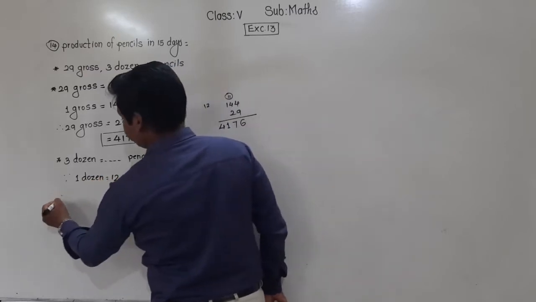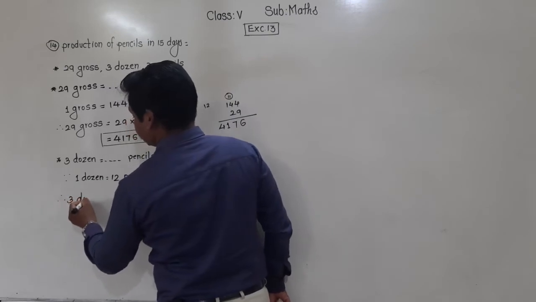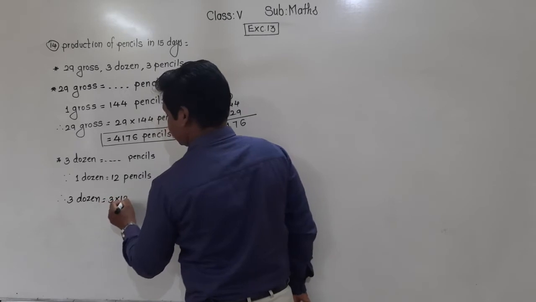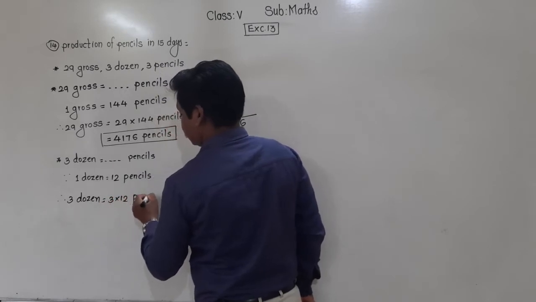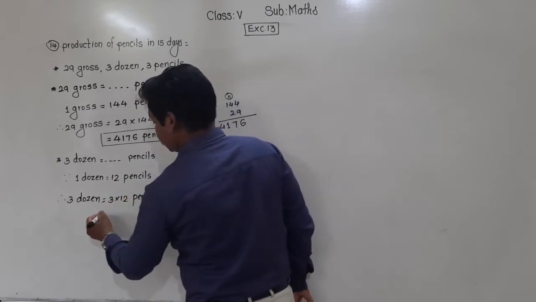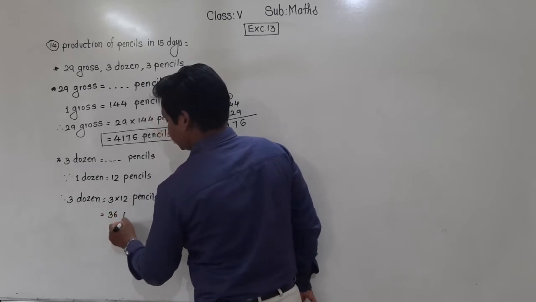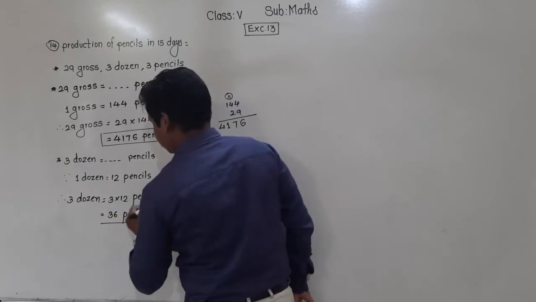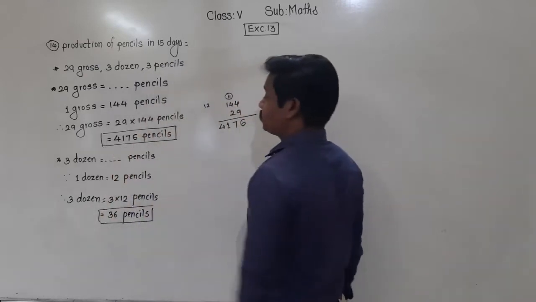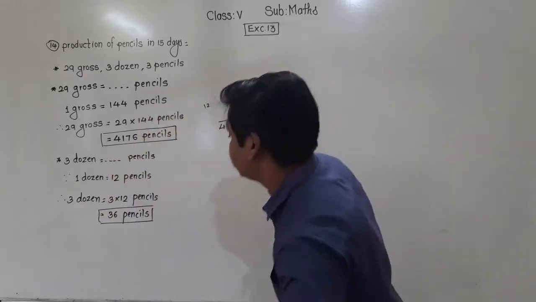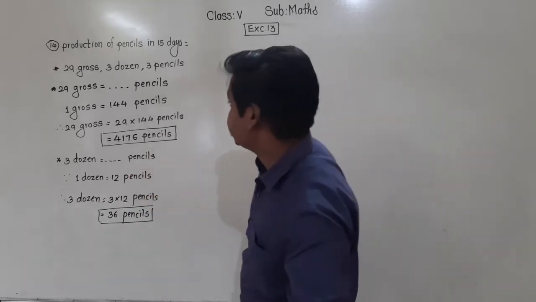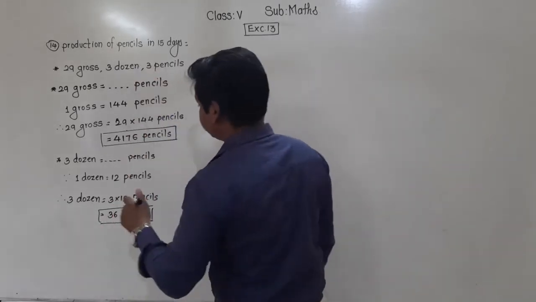So 3 dozen is equal to 3 into 12, that is 36. So these 4176 pencils, these 36 pencils and these 3 pencils are the total pencils.